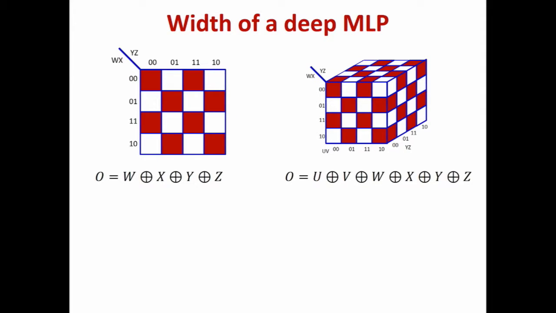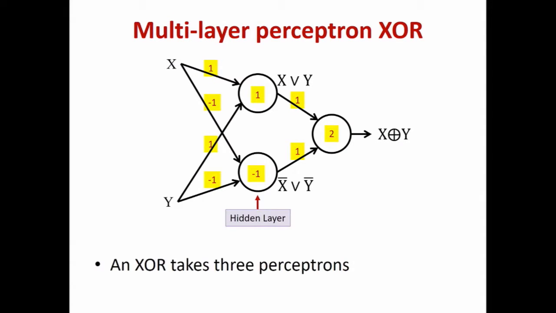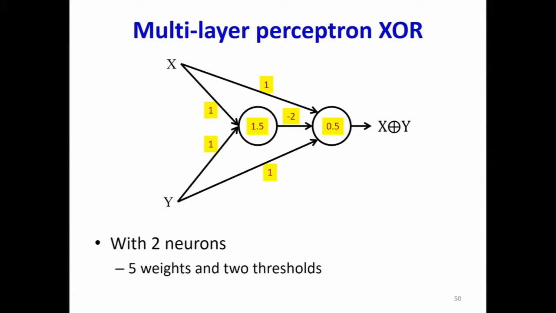These are XORs, right? The figure to the left is W XOR Y, X XOR Y XOR Z. The one to the right is U XOR V XOR W XOR X XOR Y XOR Z. Now, how many units do I need for an XOR? 3. Actually, I need 2.